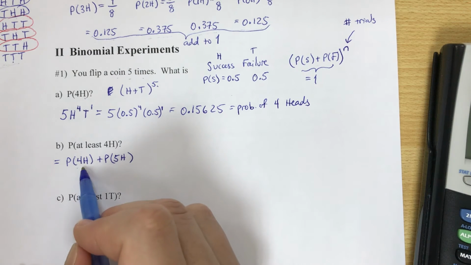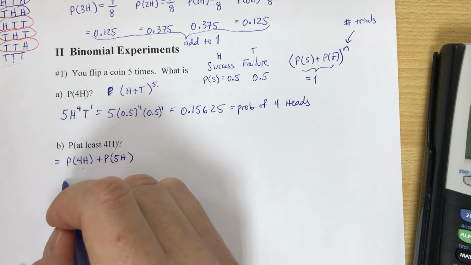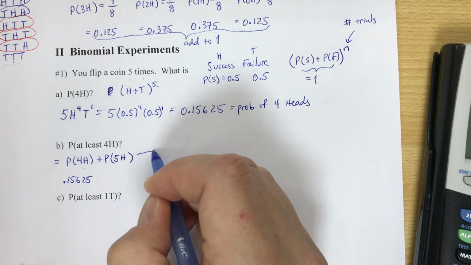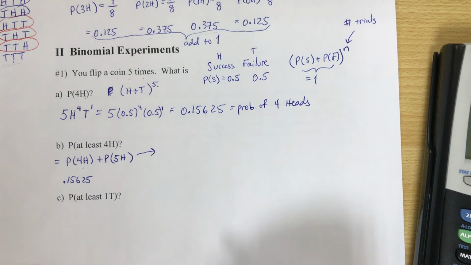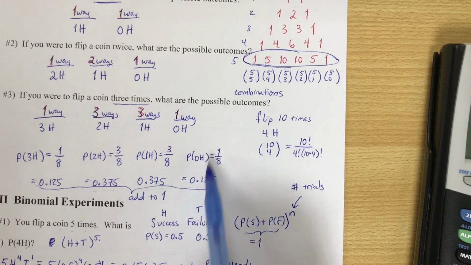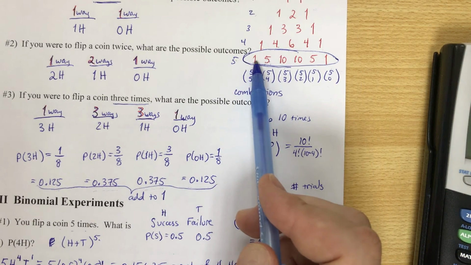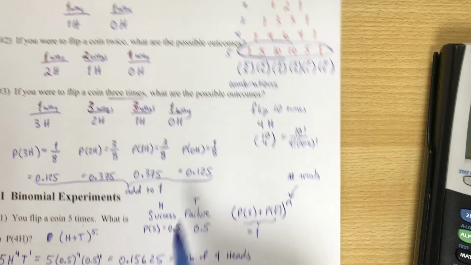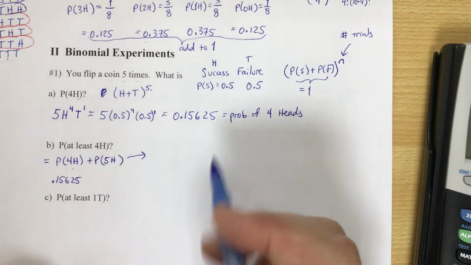We already know the probability of 4 heads was 0.15625. The probability of 5 heads, that we get all heads, if I go back to Pascal's triangle, there's one way that we can get 5 heads.